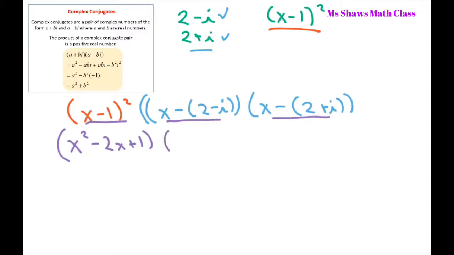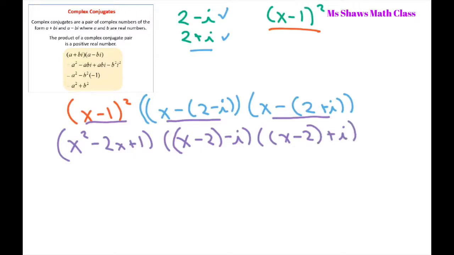And this one, I'm going to move the parentheses like this: x minus 2 minus i, and then the same thing here, x minus 2 plus i.